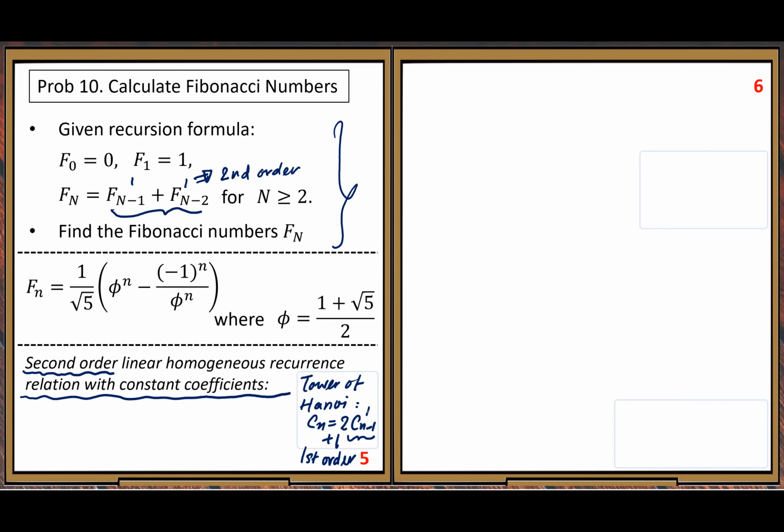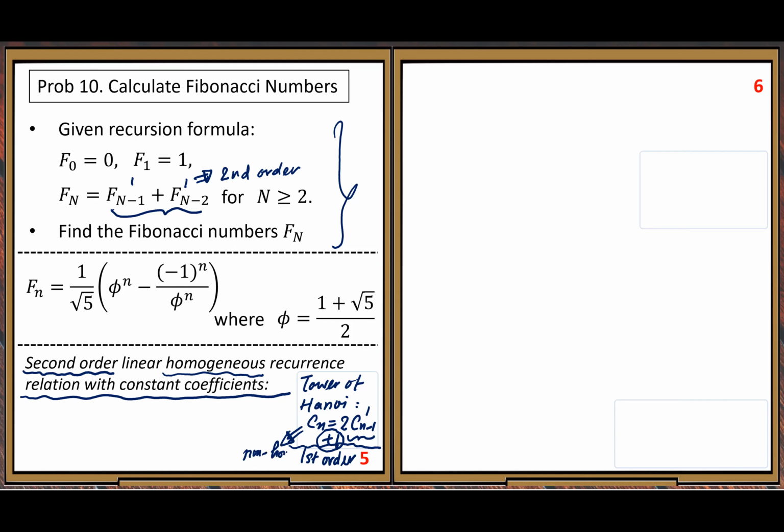Homogeneous, this name. Why homogeneous? Look at the Tower of Hanoi example, and look at this +1. It's a non-zero constant there, so this is non-homogeneous.